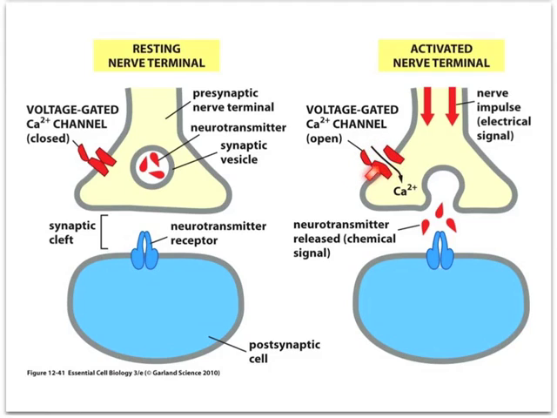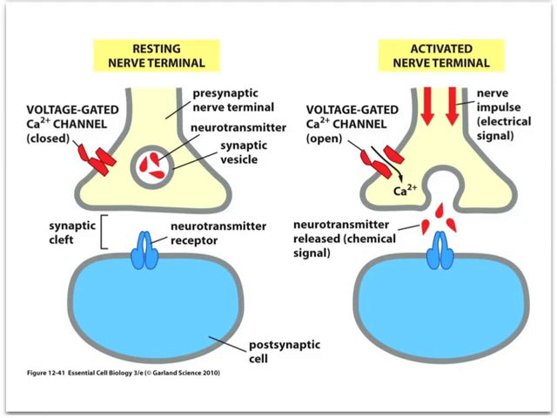Once you have the opening of those channels, there is a substantial, dramatic change in electric potential across the plasma membrane, and that leads to the fusion of these synaptic vesicles with the plasma membrane. And the fusion of these synaptic vesicles to the plasma membrane leads to the release of neurotransmitters to the outside of the cell.